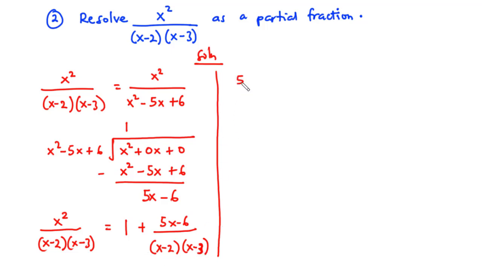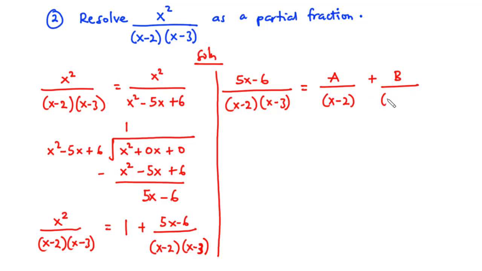Now since the denominators have linear factors, we are going to expand this as A over x minus 2 plus B over x minus 3.